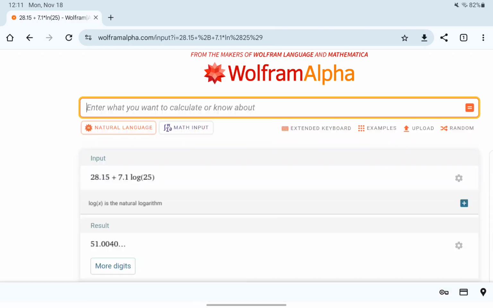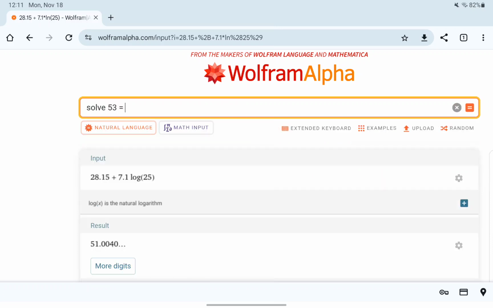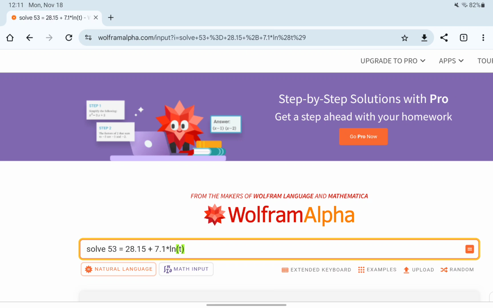Now what we need to do is solve for t. So when will 53 equal 28.15 plus 7.1 times the natural log of t?